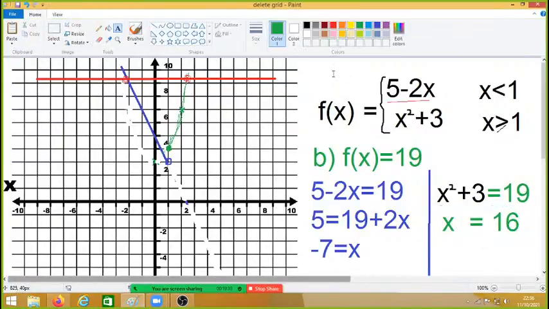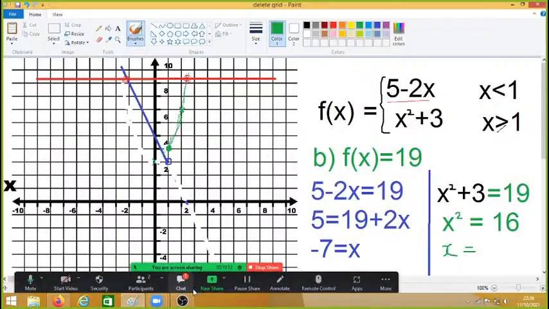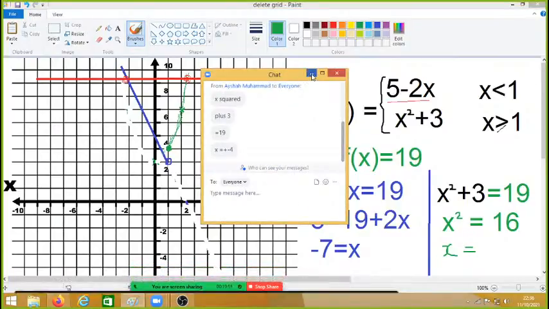Be careful here because when you have x squared equals 16, the x can be either the positive or the negative, because when you square a positive or square a negative, you end up with the same answer. So you want to put both answers initially. X is equal to, hopefully you got it, plus or minus 4, good.